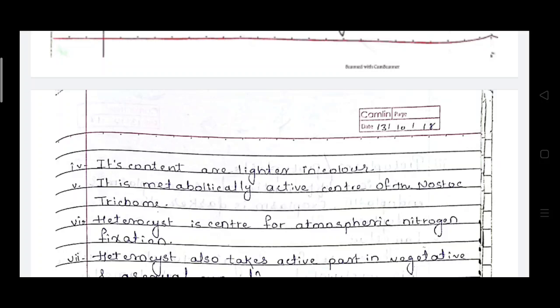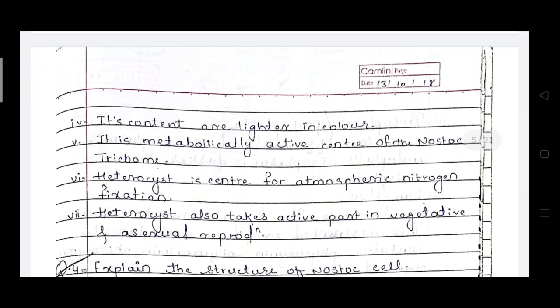Also, these heterocysts are lighter in color and they are metabolically active centers of the Nostoc trichomes. The heterocyst is the center for atmospheric nitrogen fixation, and it also takes an active part in vegetative as well as sexual reproduction.